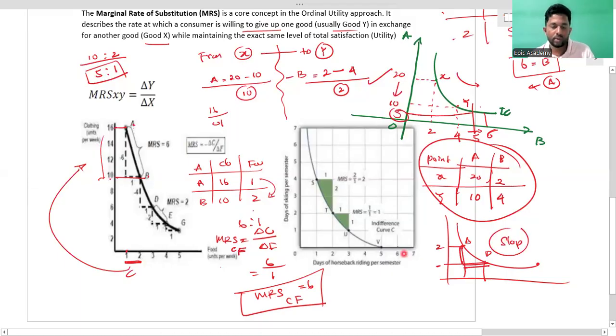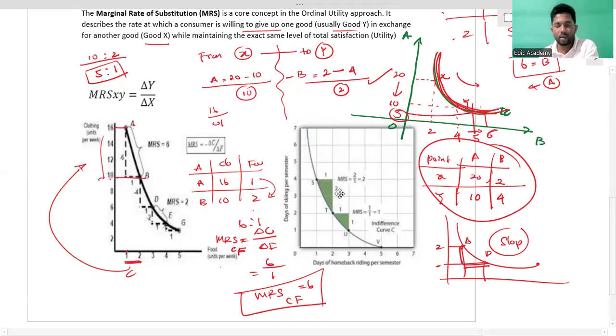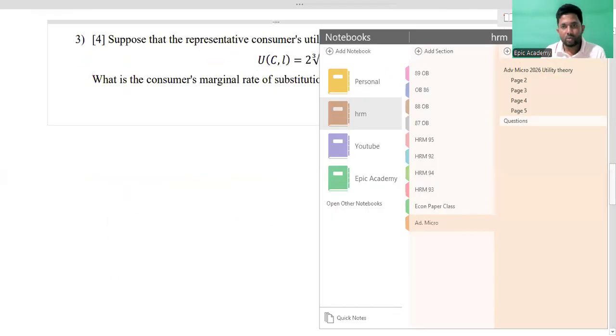The indifference curve's slope indicates the marginal rate of substitution. It shows how a consumer can give up one commodity for another. I think you got the idea related to the marginal rate of substitution. Okay, now we can move to the question.